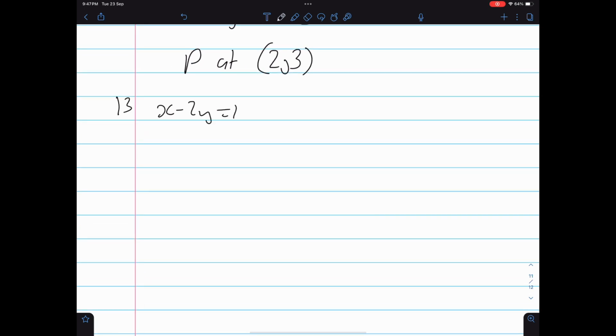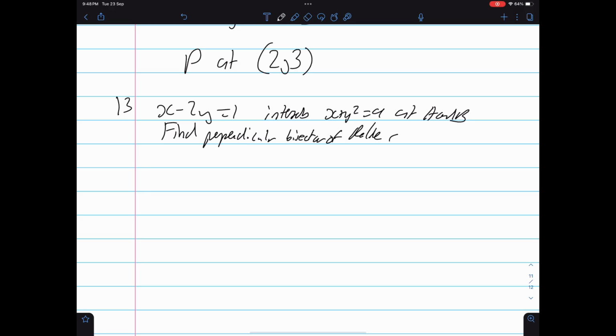x minus 2y equals 1 intersects (x plus y) squared equals 9 at A and B. Find the perpendicular bisector of the line AB.